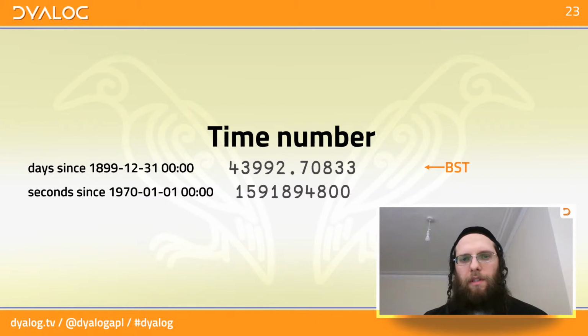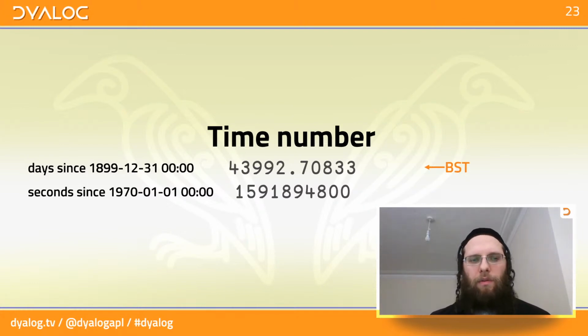Another way to represent it is a time number. A time number is a continuous counter from an origin or an epoch. And here we can count, say, the number of whole days since the beginning of a time.